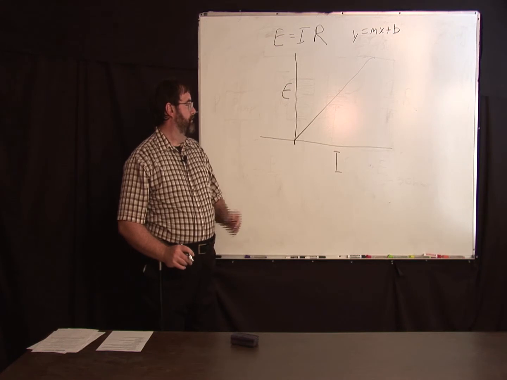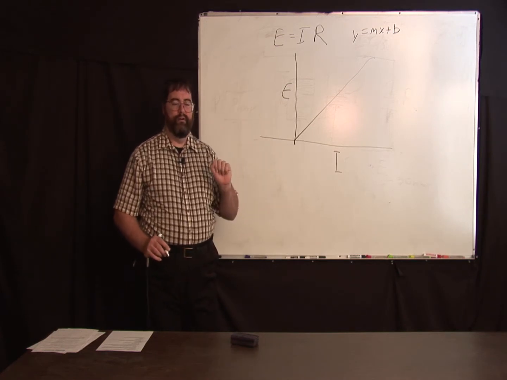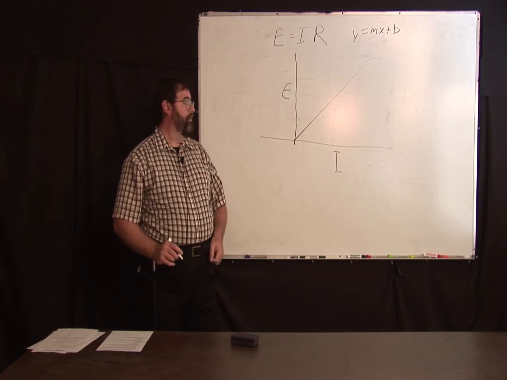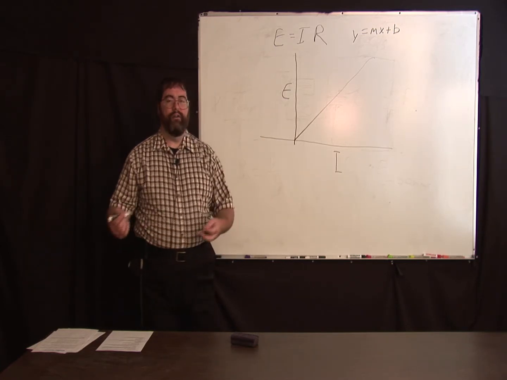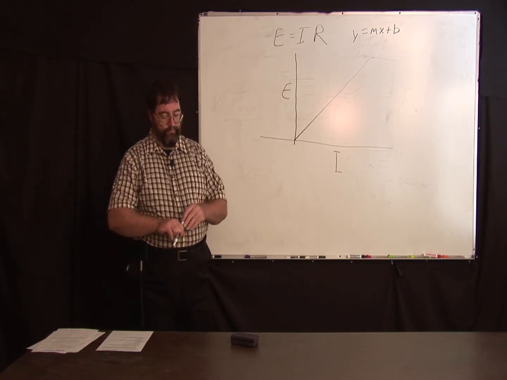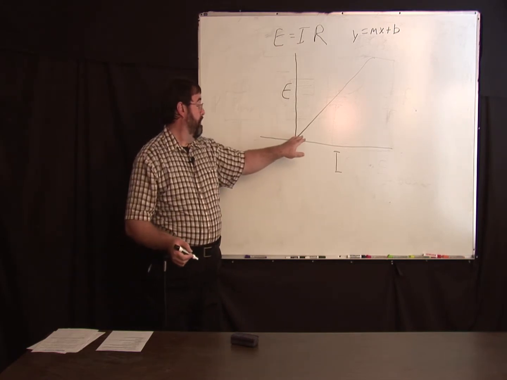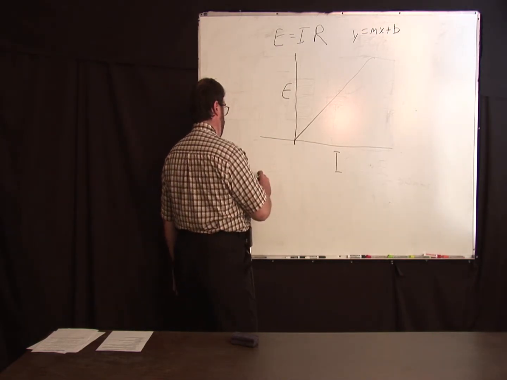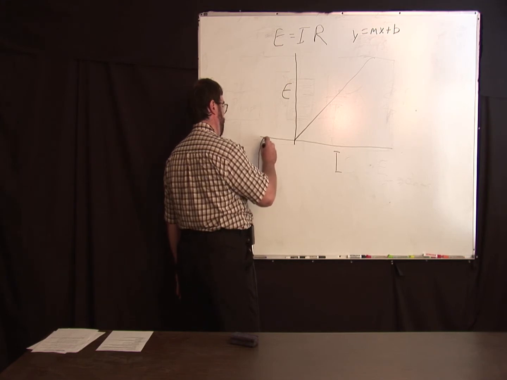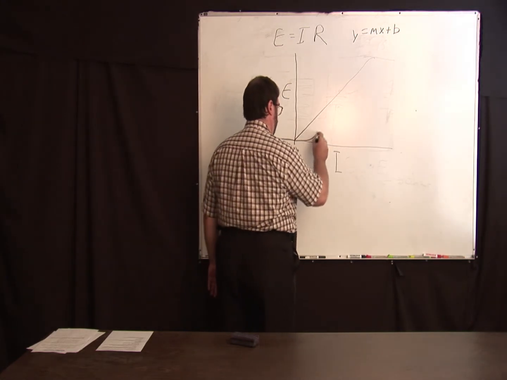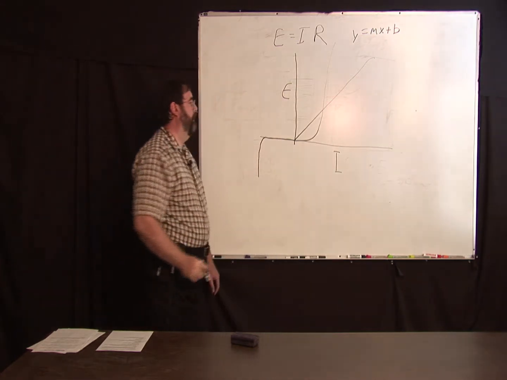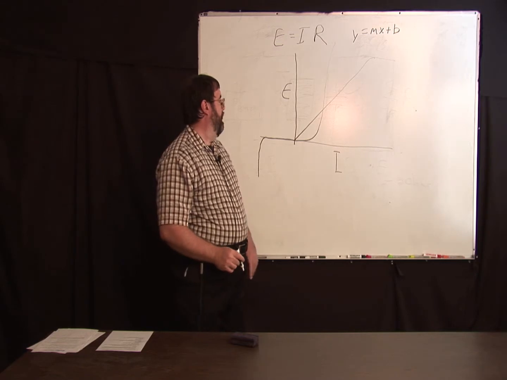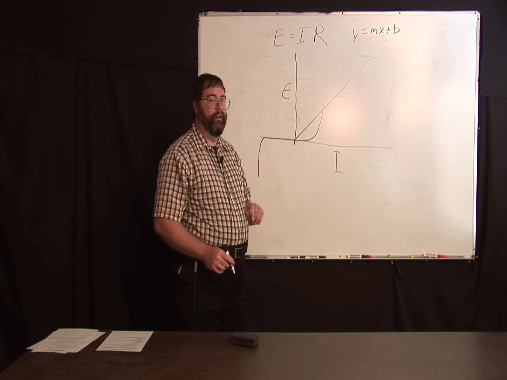Some bodies in electric circuits follow Ohm's law, not all of them. In fact, modern electronics relies on this not being true. For instance, the curve of a diode might look something like this. So the voltage and current are related in some weird way, and you depend on that.